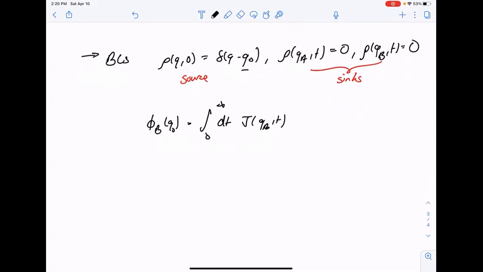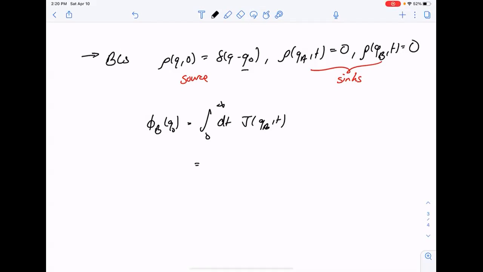And if we add up the flux that went into B, rather than going into A, which is also a sink, so probability will leave there too, then we can say with what probability, with what splitting probability, if I start at Q naught, do I end up in B?